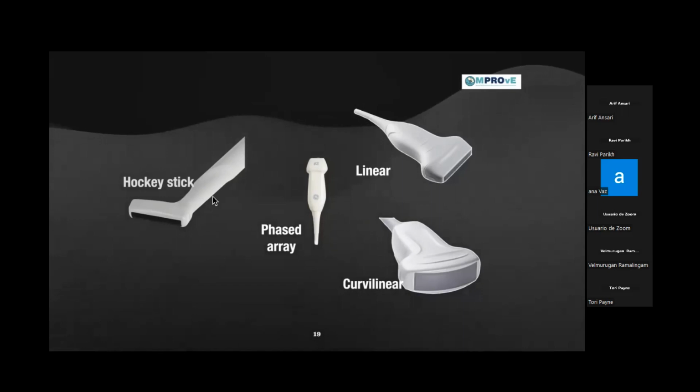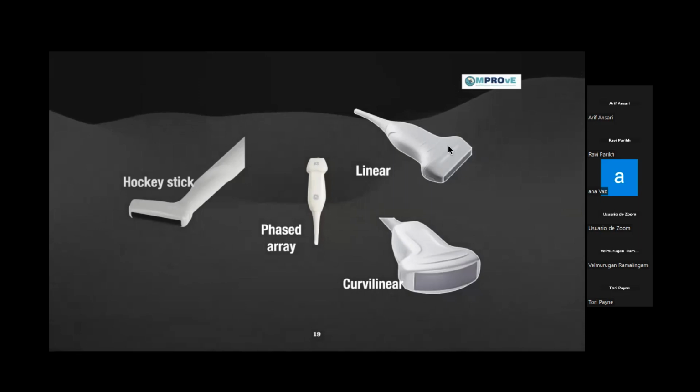But the preferred probe would be the hockey stick because it has a very small footprint, and as we deal with extreme preterm babies or IUGR babies, we need something with a smaller footprint. Or you can use the linear as well. I quite like the linear because in preterm or small babies, it shows you the lung in entirety.